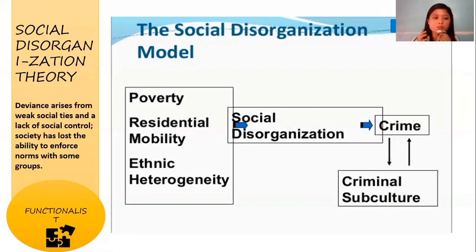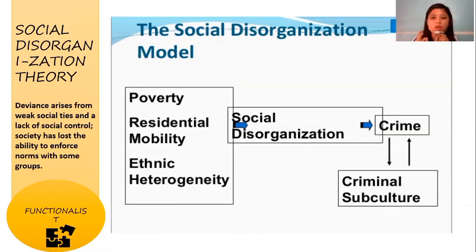And as for lack of social control, it refers to the lack of regulation or reinforcement of what is appropriate to inappropriate behavior. And this disorganization is caused by the following conditions, such as poverty, residential mobility, and ethnic heterogeneity.